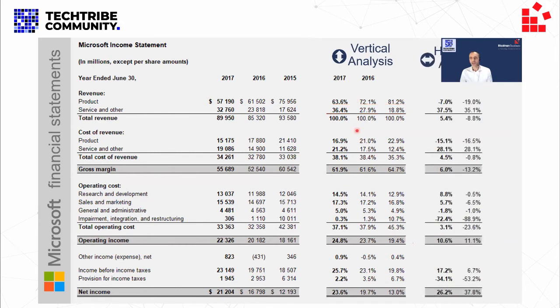If we now do horizontal analysis, what we do is we calculate the change in percentage over years. So instead of the vertical analysis where we calculate everything as a percentage of revenue, we now say, what is the change from that to that and that to that? So the change going from 2015 to 2016 and from 2016 to 2017. And now we see that when we look at the products, there's a minus 19%, minus 7%.